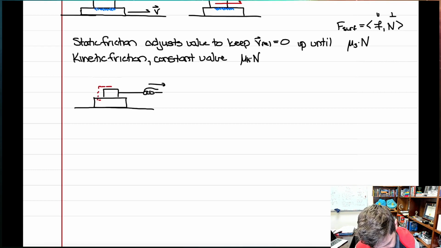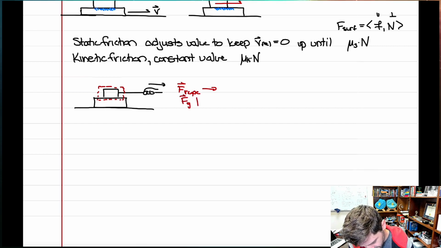Well, the top box, I expect there to be a force from the rope, probably pulling to the right in this case. There's gravity, which is going to be pointing down.